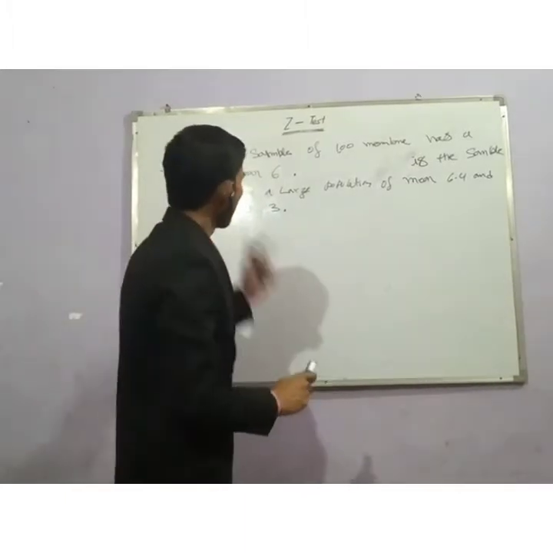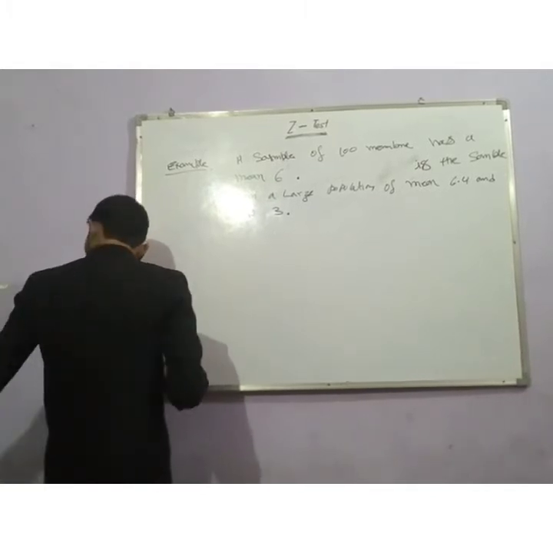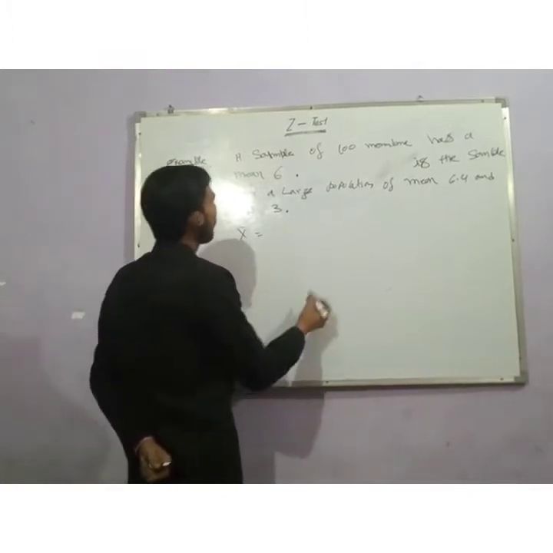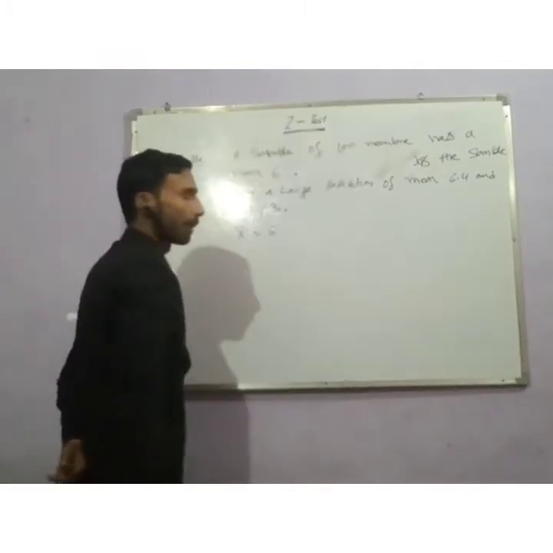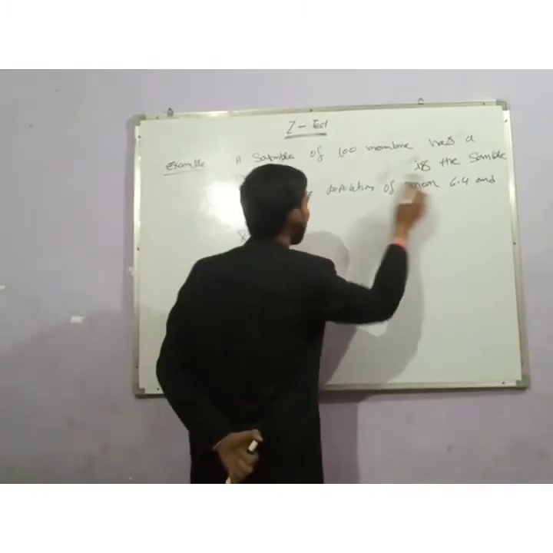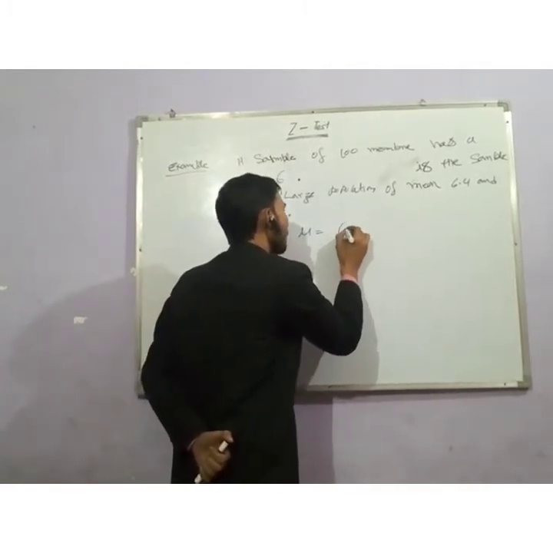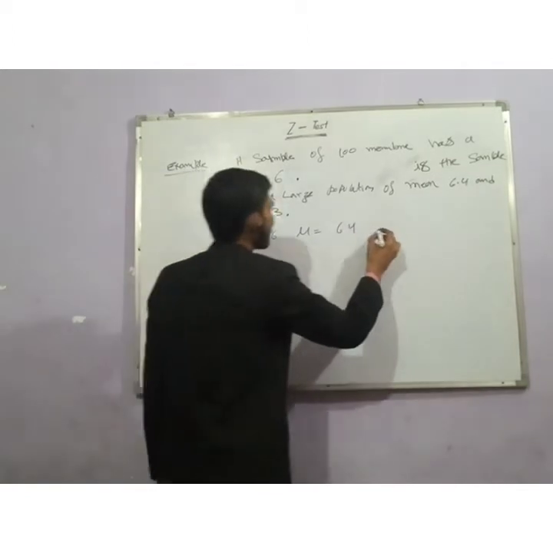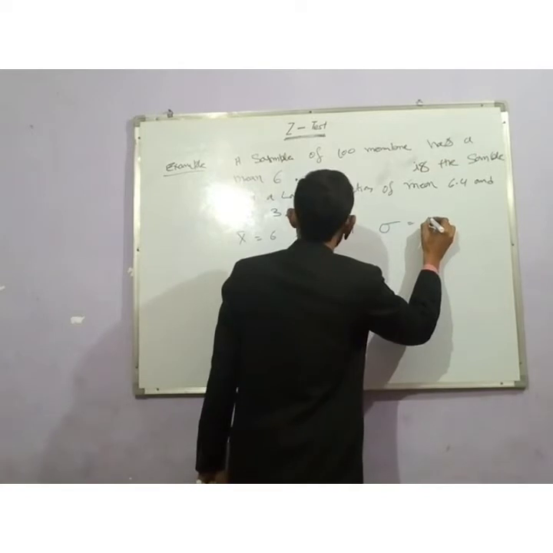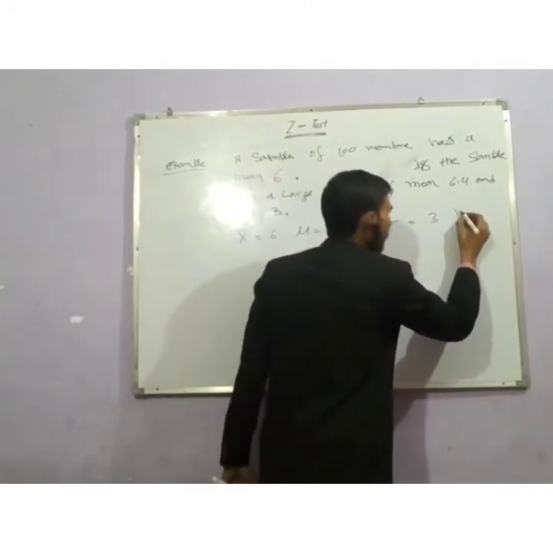In this example, x bar equals 6, where x bar means sample mean. The large population has mu, the population mean, equal to 6.4, and population standard deviation sigma equal to 3, and sample size n equals 100.